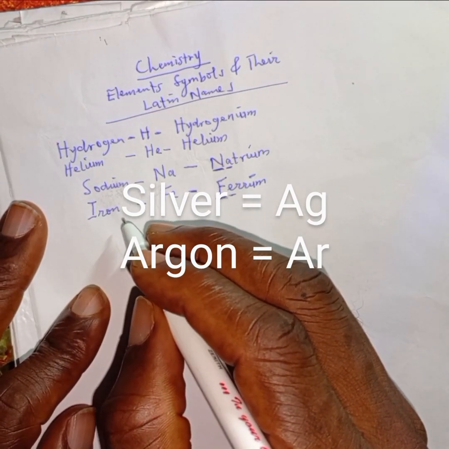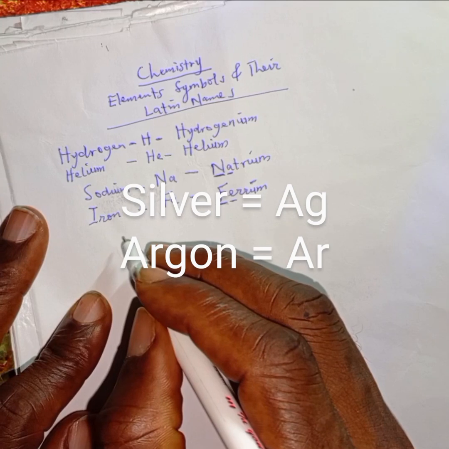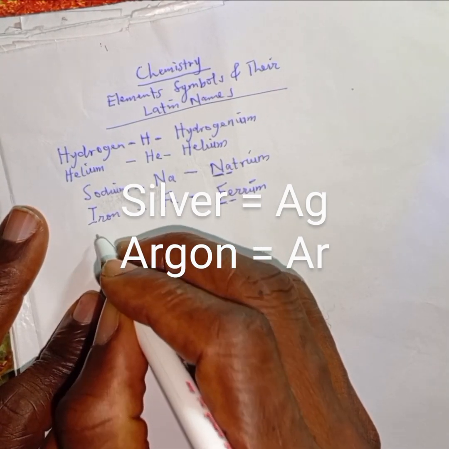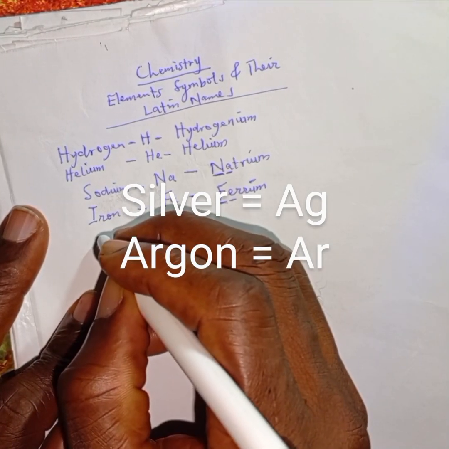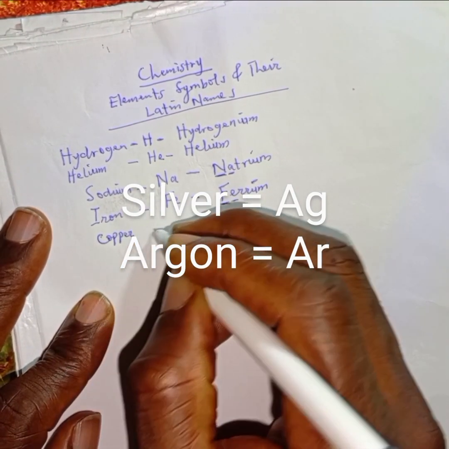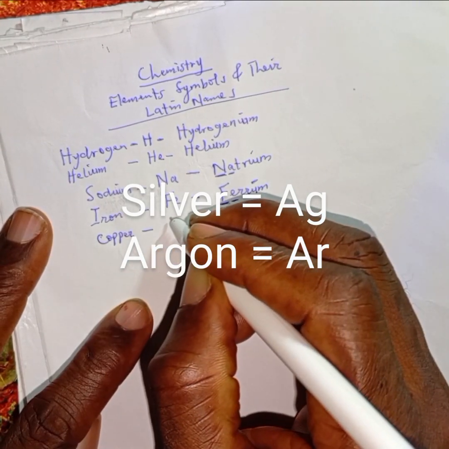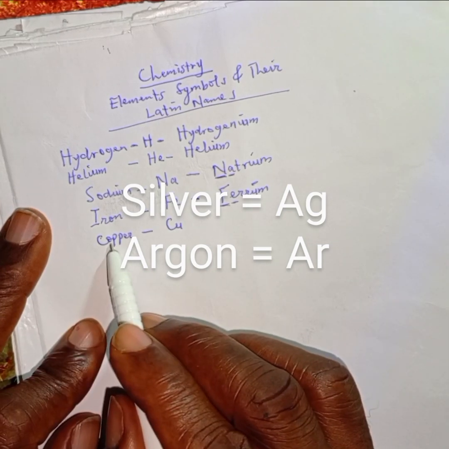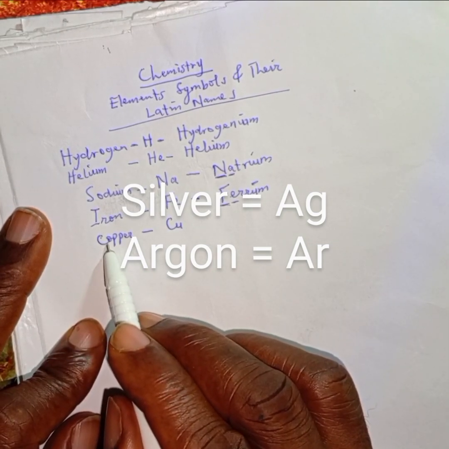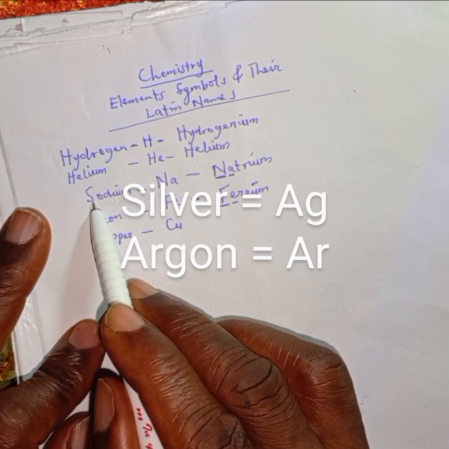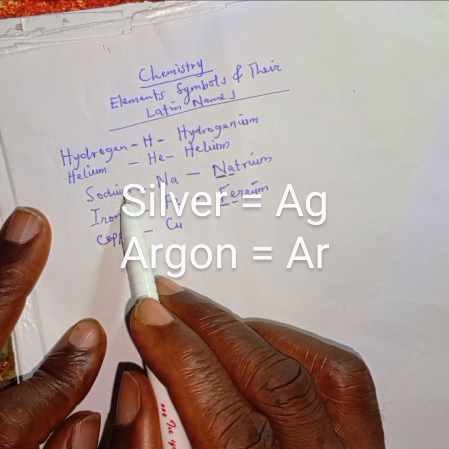Another element is copper. Copper is also a metal. So you have Cu. But if you look at this, there is no U here. Just as in sodium, there is no N and no A in the word.